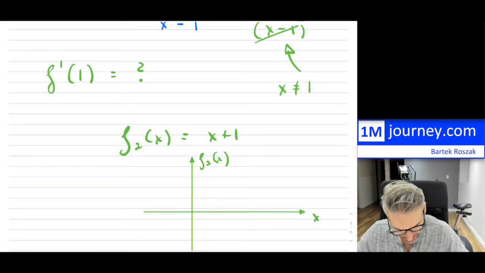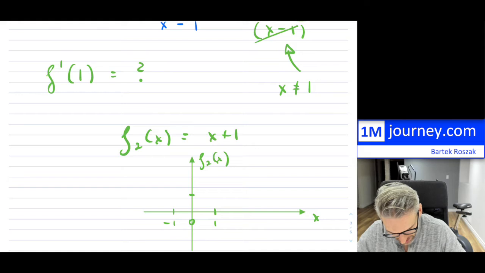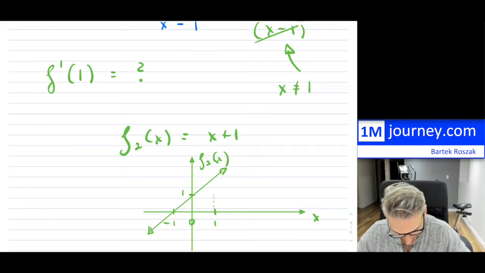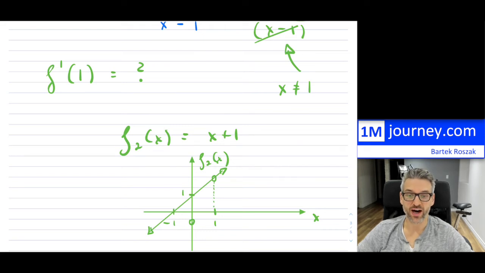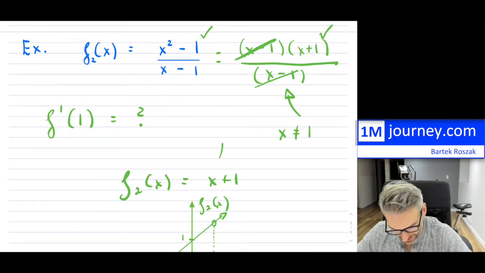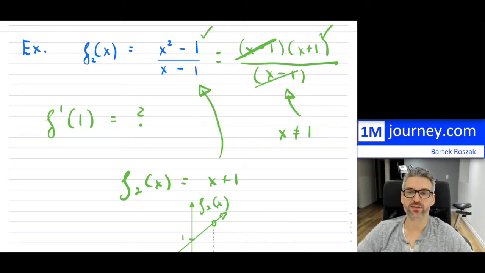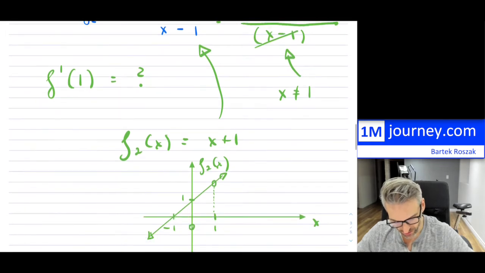So let's say this was 0, this was negative 1, this is 1. This function basically crosses through 1, so it looks something like this. However, at this point, it has a removable discontinuity. It's not defined there. We cannot set x equal to 1 because we're going to get a problem in here. So this is actually a removable discontinuity.